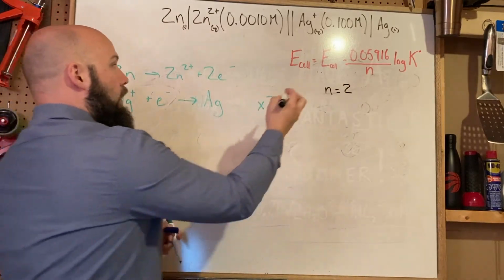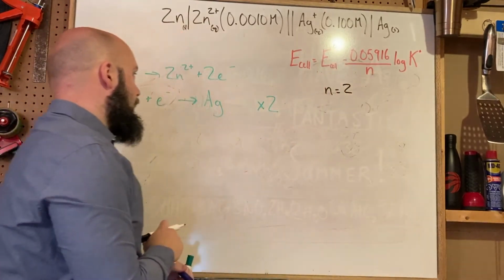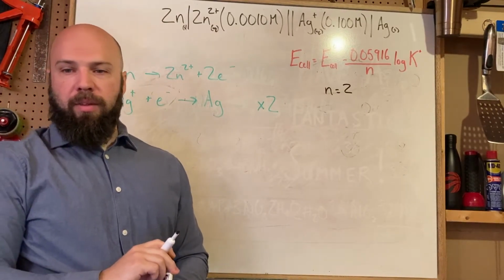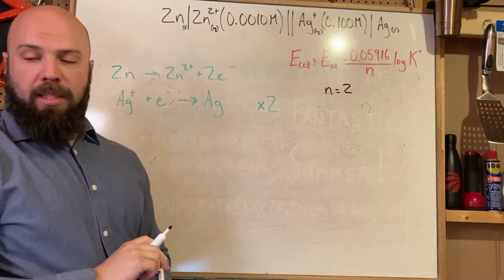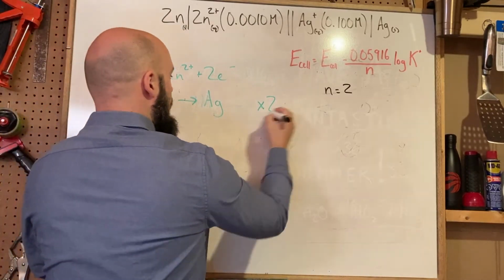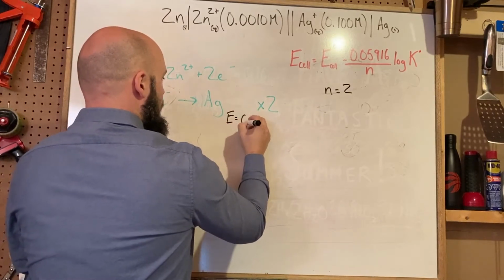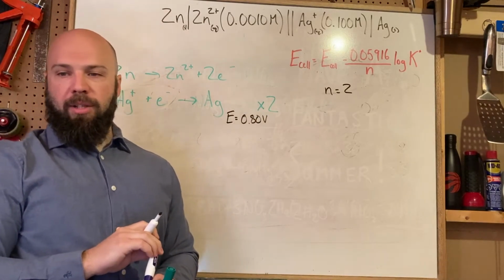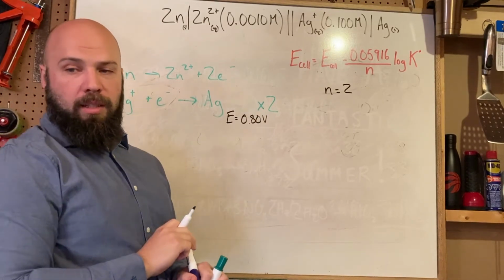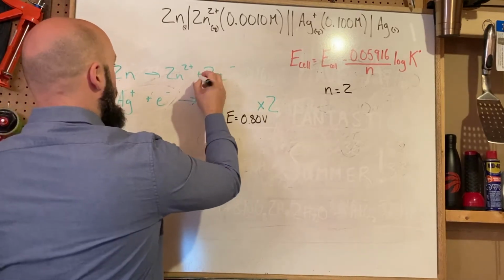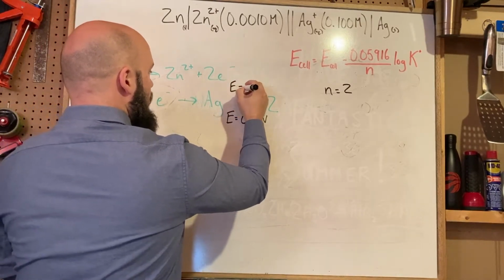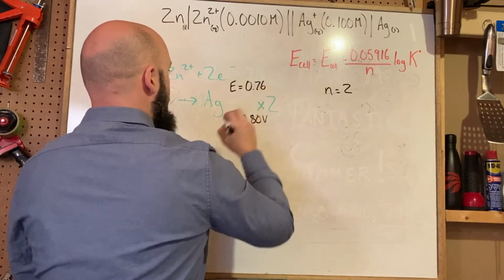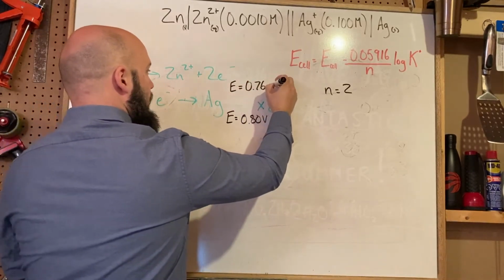Okay. Now we can also calculate the standard cell potential by looking at our values. So the standard reduction potential of the silver reaction is 0.80 volts, and the standard reduction potential of the zinc reaction is negative 0.76 volts, and we're going to flip it so that the negative 0.76 becomes 0.76, and this is written as oxidation.